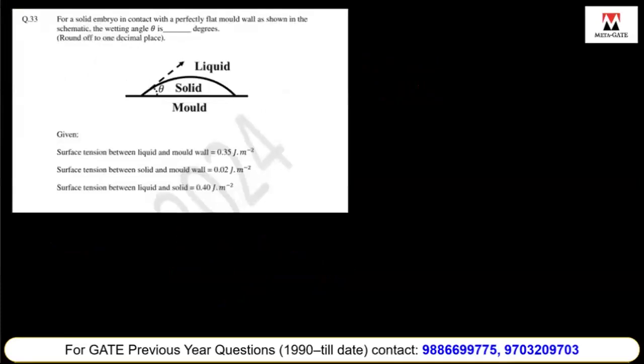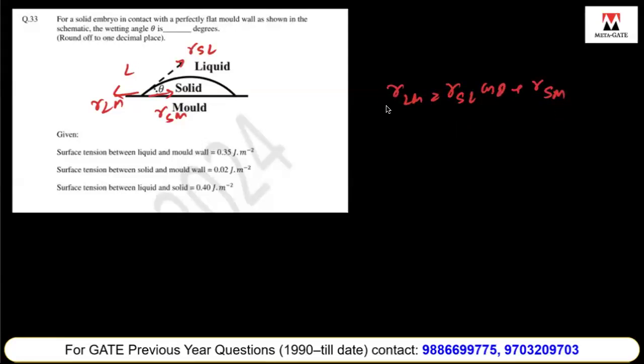For a solid embryo in contact with a perfectly flat mold wall, as shown in the figure, the wetting angle is theta. This is gamma solid liquid, this is liquid mold, and this is gamma solid mold. So gamma liquid mold equals gamma solid mold cos theta plus gamma solid mold.